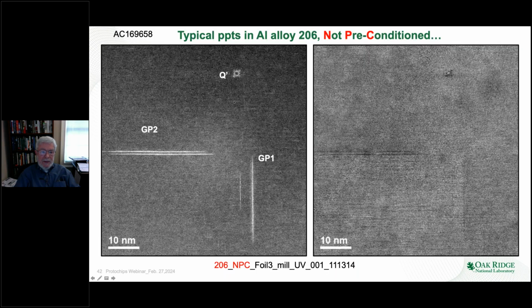So here's typical precipitates in aluminum alloy 206. And what you have are so-called Guinier-Preston zones, GP zone 1 type and GP zone 2 type. This is just a single plane of copper. And this is 2 planes of copper with 3 planes of aluminum in between.